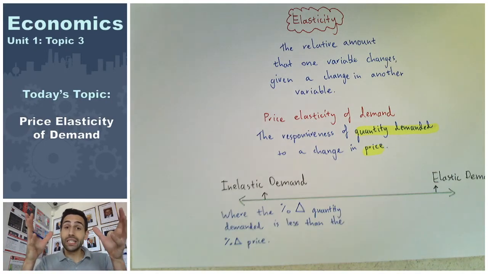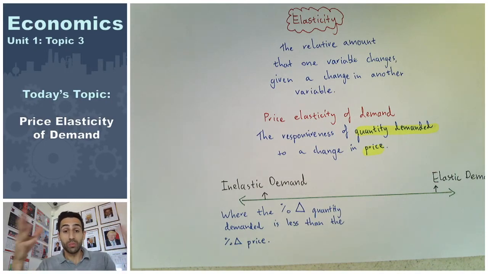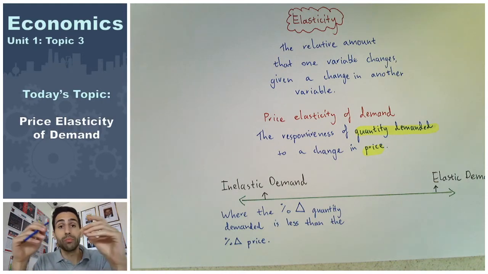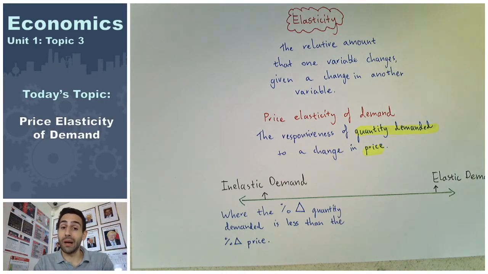Now, that little triangle there just means change in. So an inelastic demand would be a situation where the price may go up by 10%, but quantity demanded may only go down by 2%. Okay, the price goes up, less than proportional decrease in quantity demanded. The product has inelastic demand.